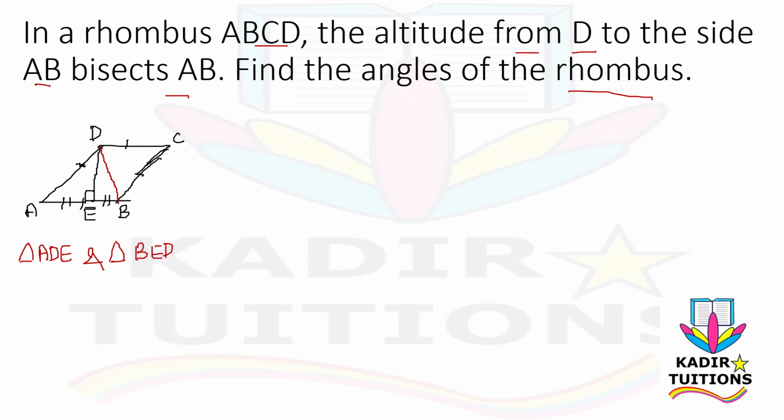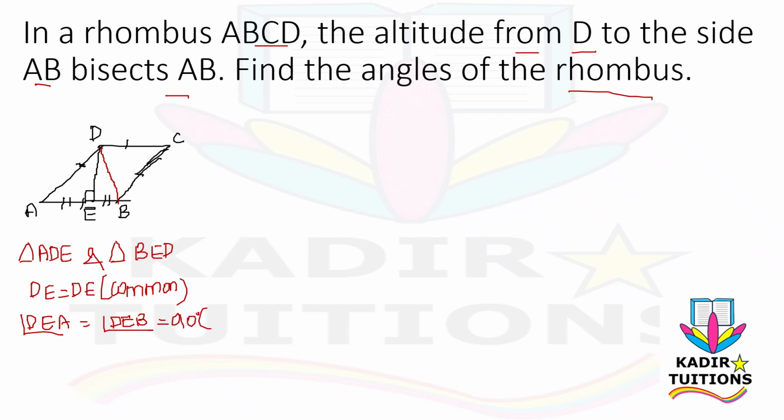Yeah, so DE is equal for both, DE equal to DE, which is what? Common. And then angle DEA equal to angle DEB, which is equal to what? 90 degrees. It is given in the question because DE is an altitude.